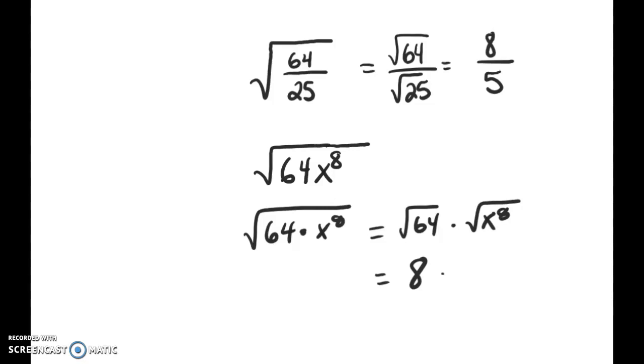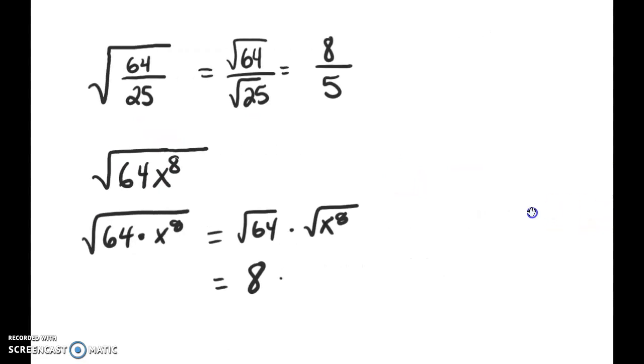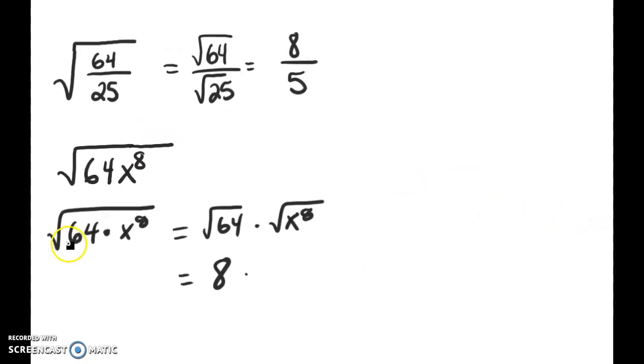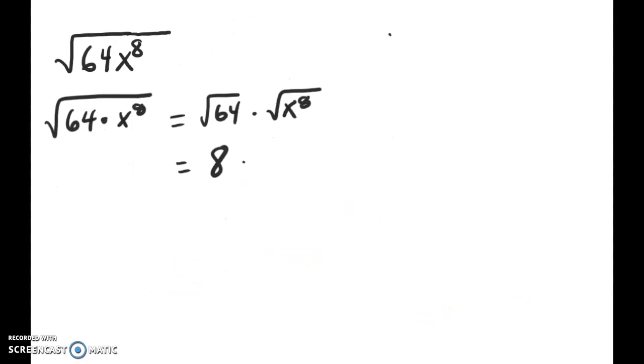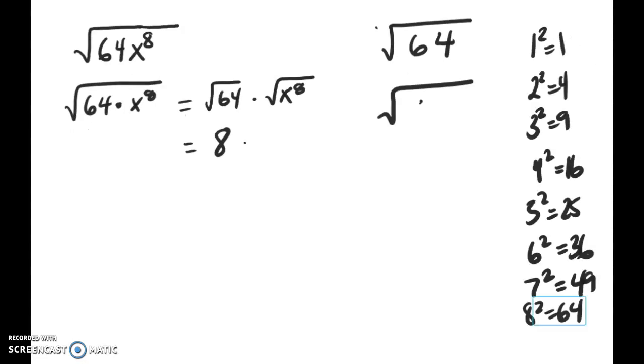So to do this, let's break down what we are doing with the square root of 64. There are a couple ways to approach it. We talked about squares in an earlier video, so I wrote out all my squares here.